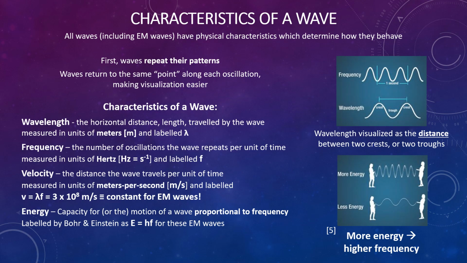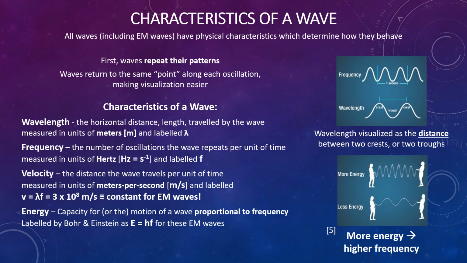So some of these characteristics of waves that they all share is that they have a wavelength. That is the horizontal distance traveled by the wave between one period, like between the two crests or the two troughs, one complete cycle of the wave. That physical horizontal distance is the wavelength.